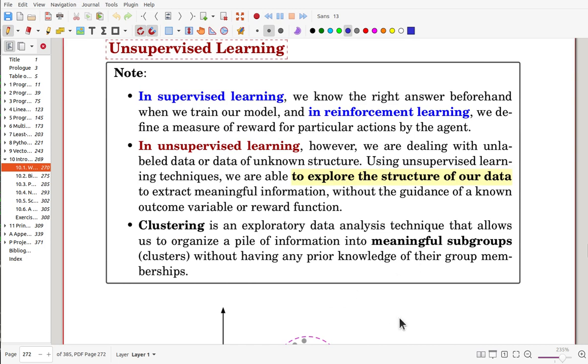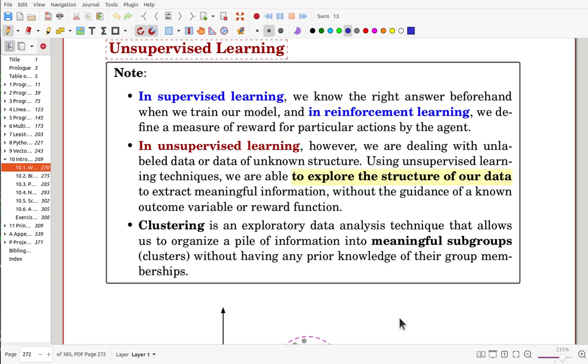Unsupervised learning can be used to explore the structure of the data set. In the beginning, we don't know anything. There's no label. However, once a data set is given, we have to find some hidden structure.